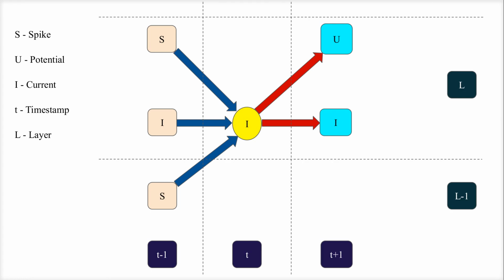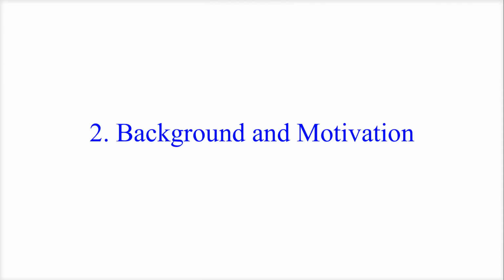But also the input to this neuron will be taken from the previous neurons at the previous time steps, if there is a spike from the previous neuron at the previous layer, which is L minus 1, and this current will modify the potential and the current of the same neuron in the next time steps.